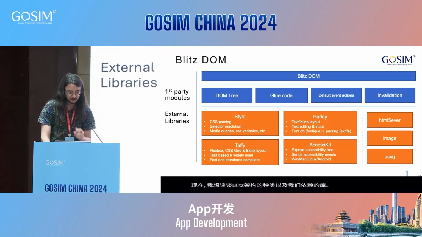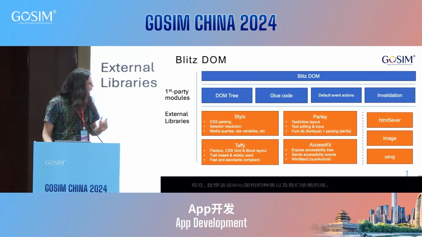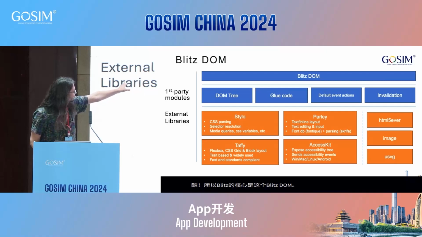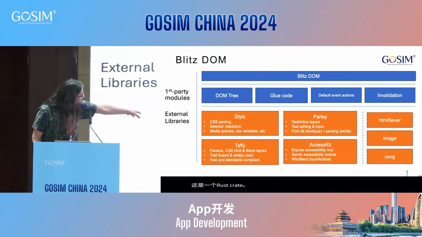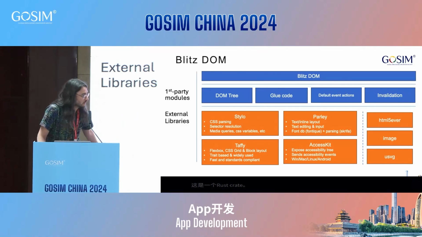Cool. So the core of Blitz is this Blitz DOM. This is a Rust crate. There are some bits here that are in Blitz itself, but all these orange boxes are their own standalone libraries.